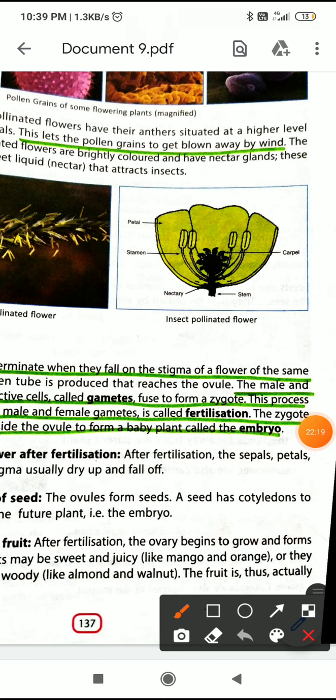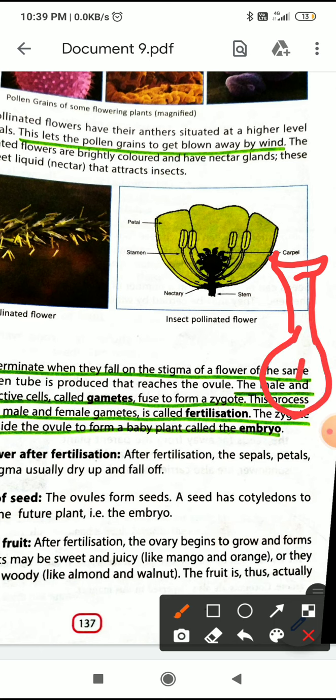Again I am showing you that this is the stigma and this is the ovary, and the ovary contains the ovule. Here the pollen grains germinate and fuse with the ovule. Clear?